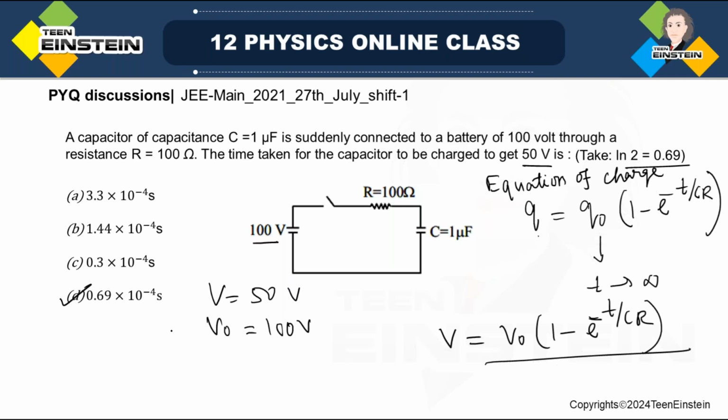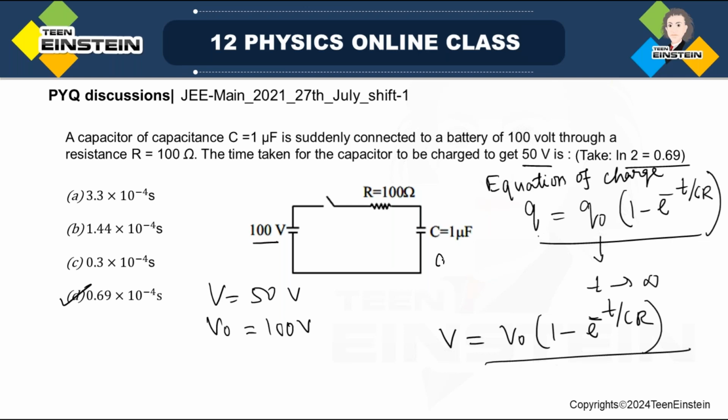So I hope you knew this charging equation. Okay, so this is very important. CR circuit and LR circuit, these are very important. So dear students, you must remember this formula. You can see this is for the charging.